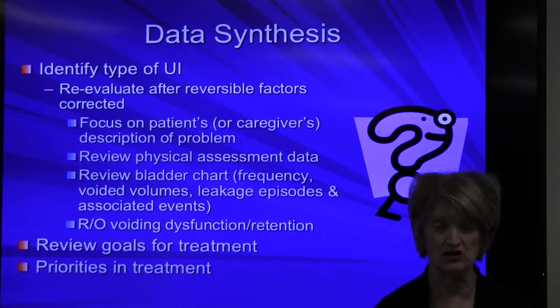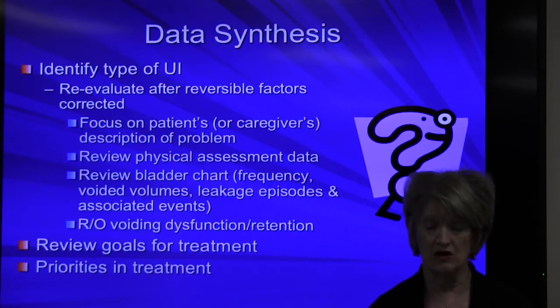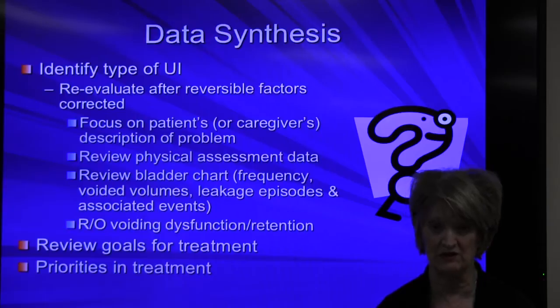So if you have a patient who has urinary retention, voiding dysfunction caused by an outlet obstruction, that's a high priority for treatment, because high pressure retention creates back pressure on the kidneys and the potential for renal damage. So that would always take priority.